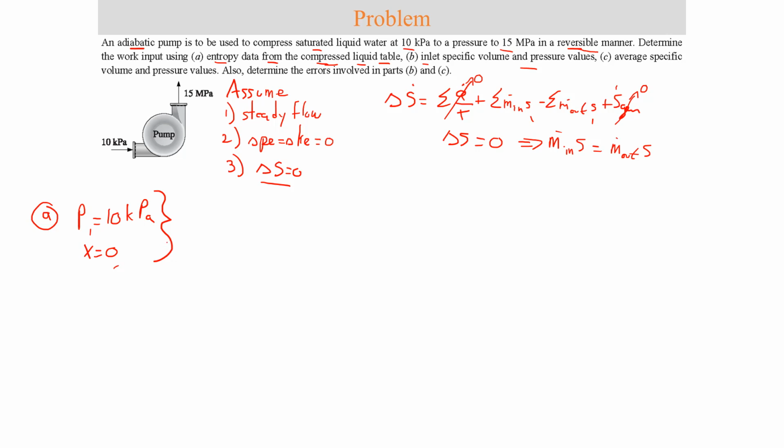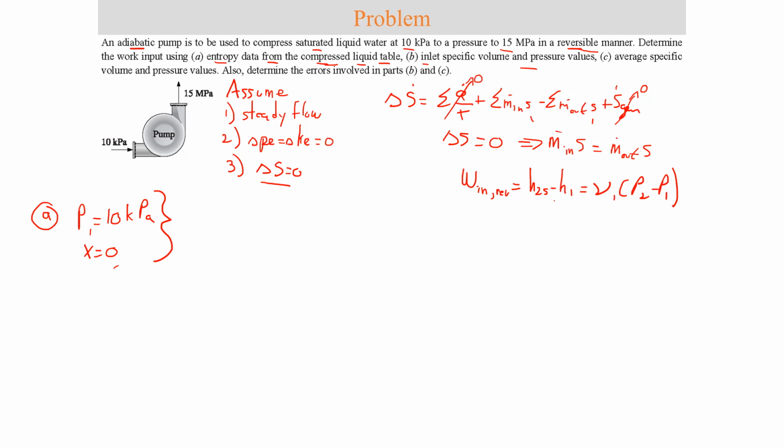You can go to the tables, or you can also use EES. You're trying to find the work in. If you remember, the specific work in for a reversible pump is going to be the enthalpy coming out during the isentropic process minus the enthalpy going in, or it's equal to nu delta P.